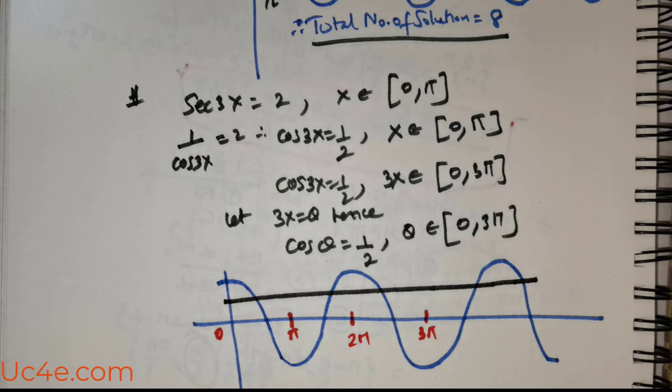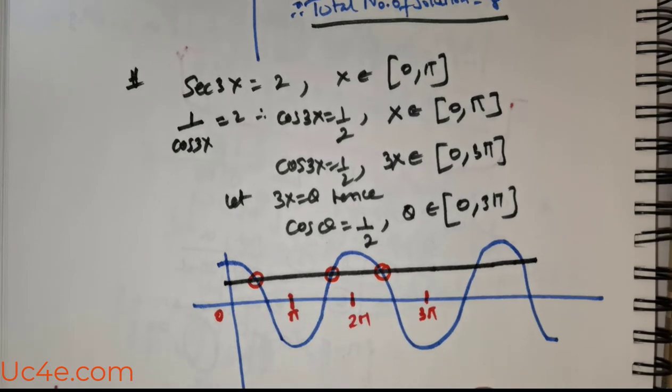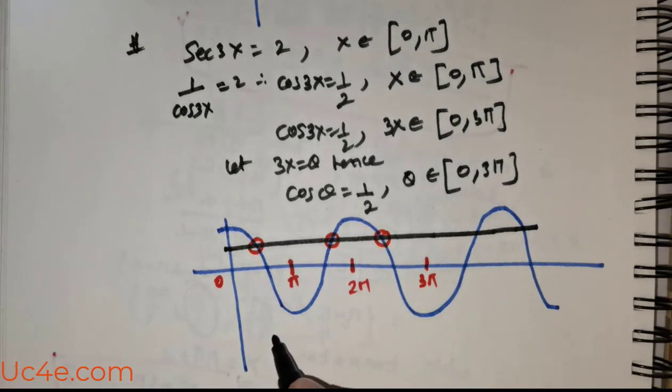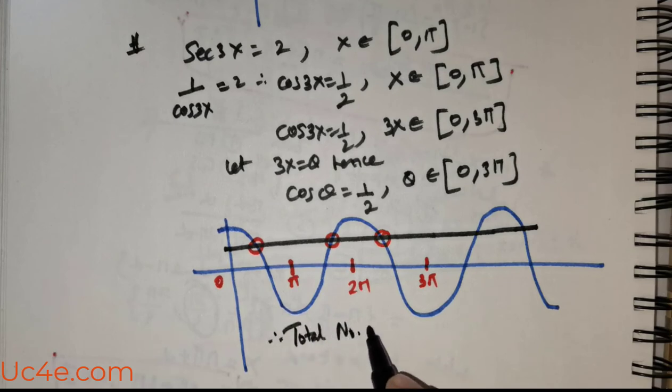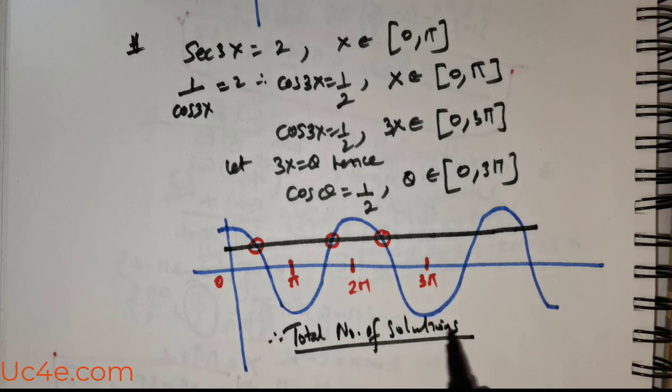So I get a hit here, that's 1, I get a hit here, that's 2, I get a hit here, 3, and this is beyond 3 pi, right? So there are 3 hits, that means there are 3 solutions. So you can write that down. Therefore the total number of solutions for this given question is 3. And that is the solution for this particular question, students.